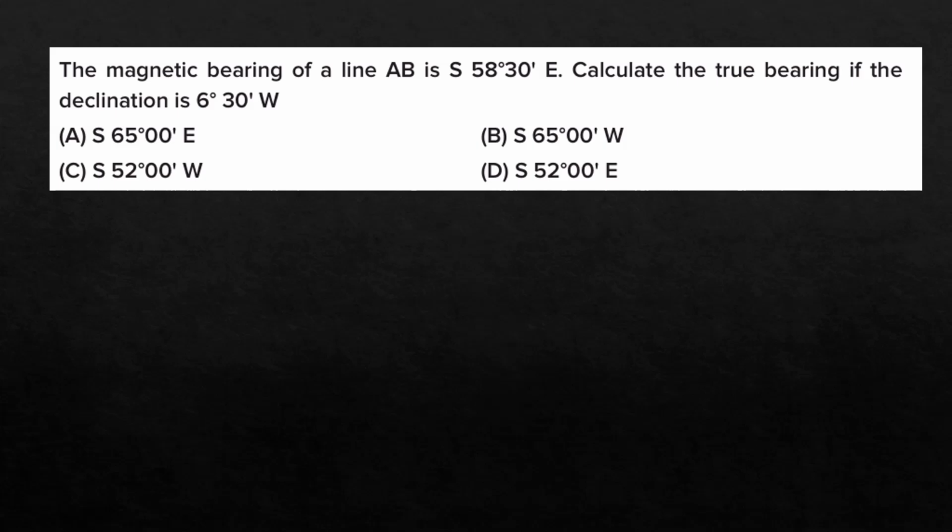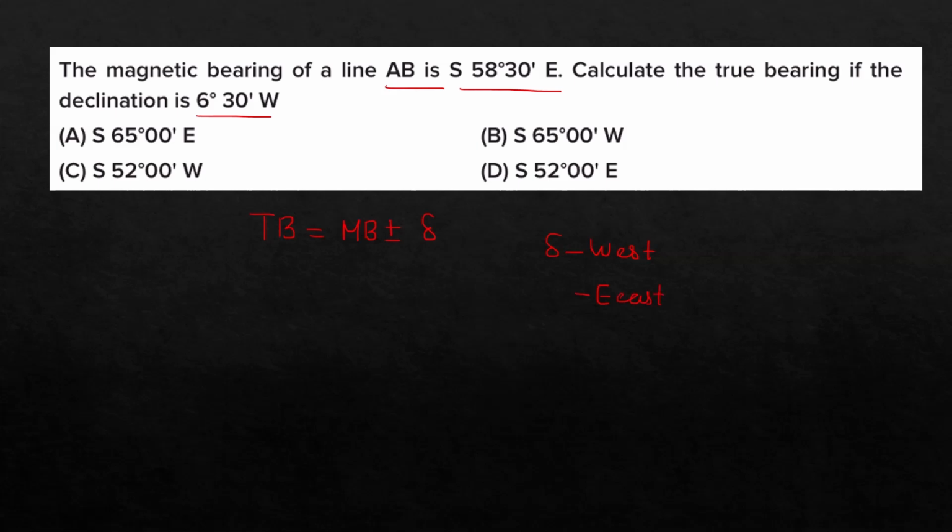The magnetic bearing of a line AB is south 58 degree 30 minutes east. Calculate the true bearing if the declination is 6 degree 30 minutes west. We know that true bearing is equal to magnetic bearing plus or minus declination. If the declination is west, we need to add it, and if the declination is east, we have to subtract it.